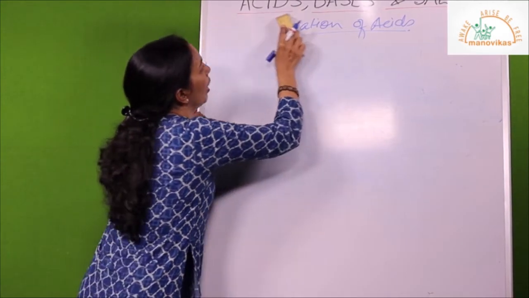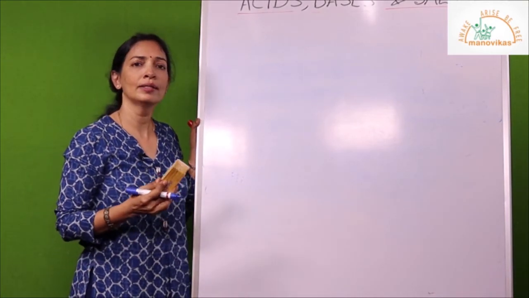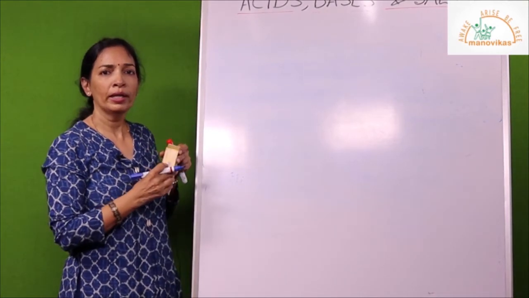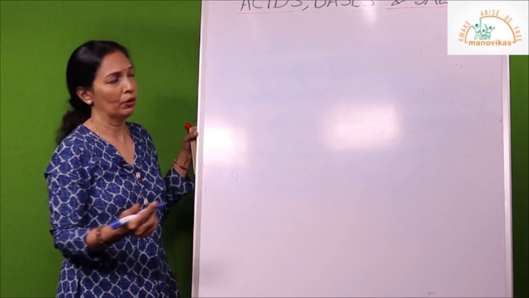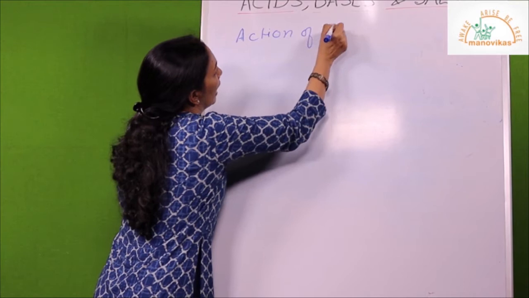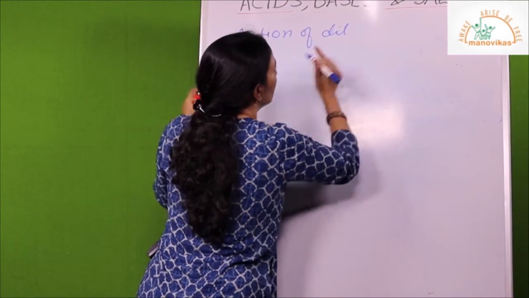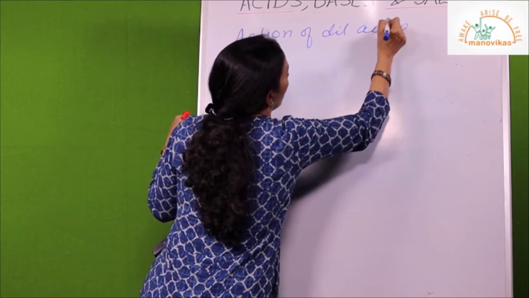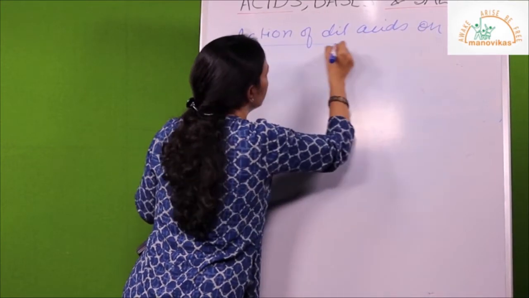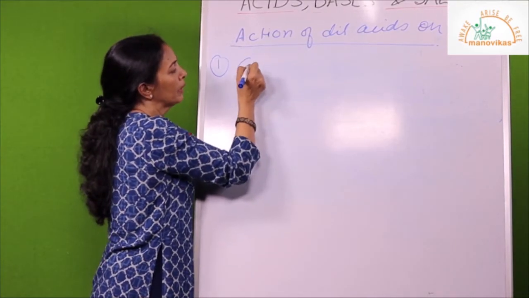Now we will see action of dilute acid on certain substances and find out which gas is given out. So action of dilute mineral acids, or dilute acids rather, on first carbonates, metal carbonates.